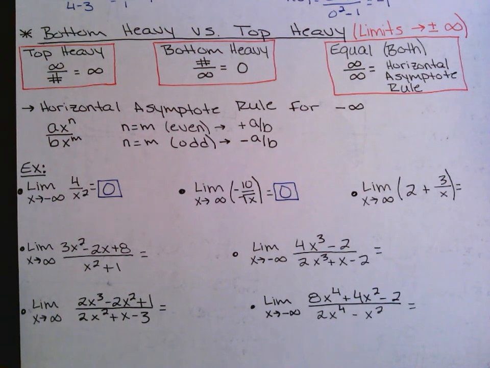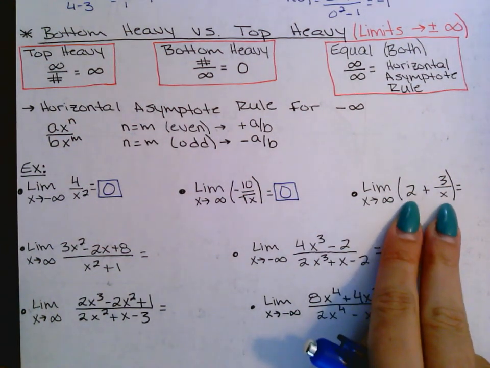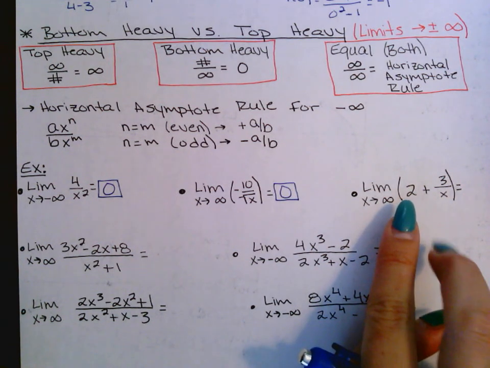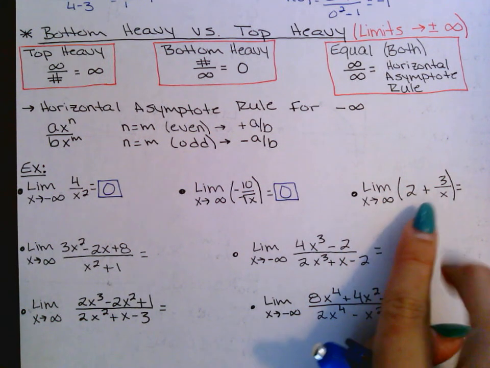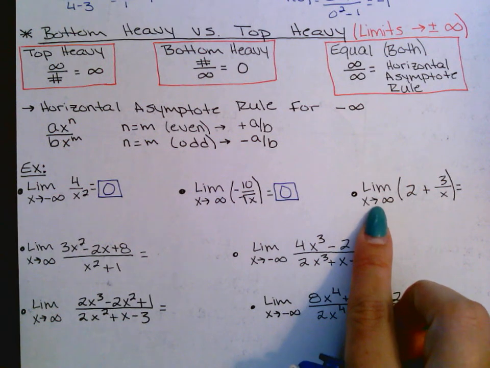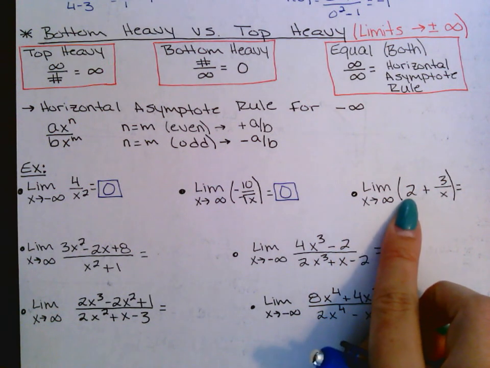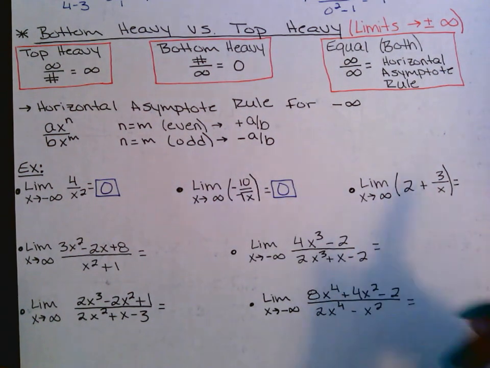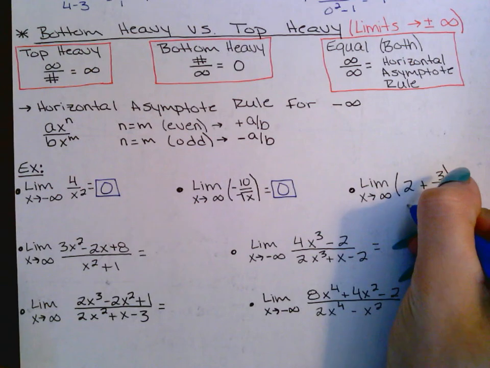Now, this next one has a little bit of an extra step just because I have 2 things here. I have the 2 and then I have the fraction. So remember that on limits that are separated by addition or subtraction, I need to take each of them into account separately. So if I were to do the limit as x approaches infinity of 2, this is a constant. And the limit of any constant is just that constant. So the answer to this first part is just 2.